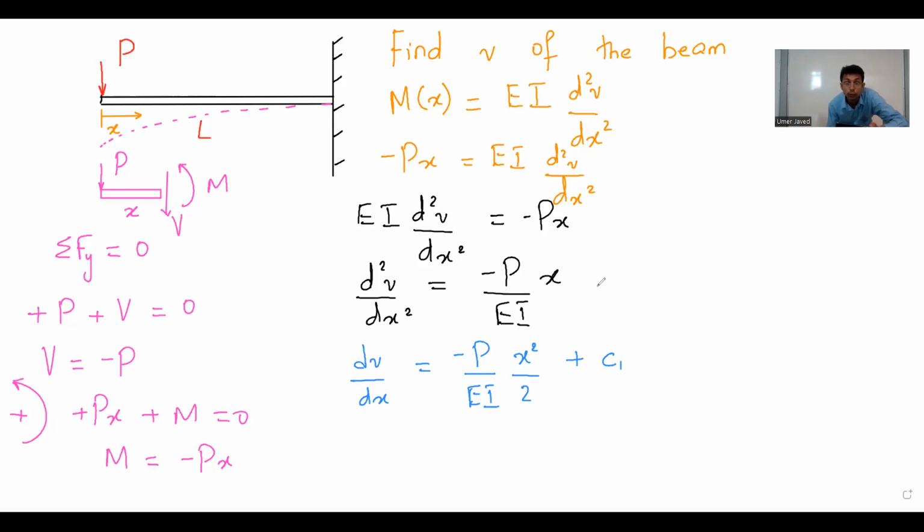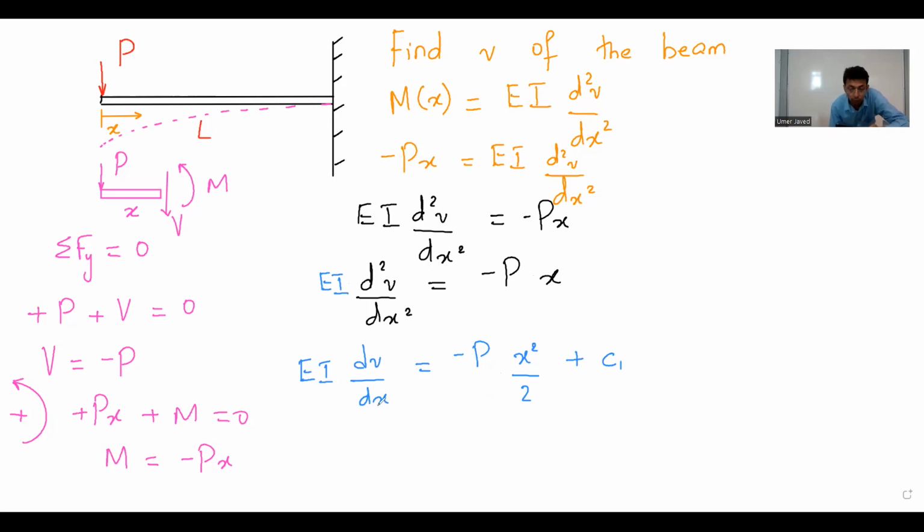Hang on. I just want to be consistent with my notes. In my notes, I did not take this on the right-hand side, although it will not create too much of a difference. But I want to be consistent. I think that will make my life easy. Then I will have EI dv/dx is equal to minus Px² over 2 plus C1.